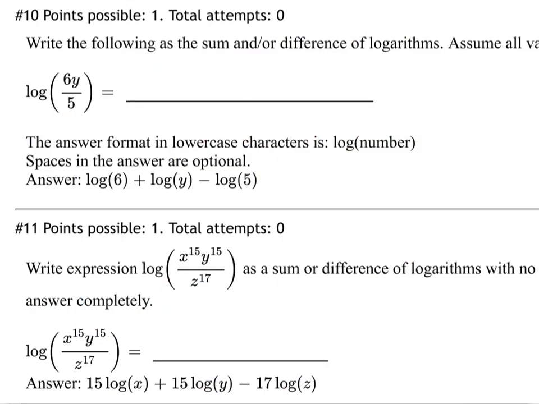Number 10, 1 log. They want sum or difference of several logs. So 1 log, make it several logs. Okay, we can do that. So this is dividing. It's harder. Multiplying and dividing are the harder operations, harder for 1 log. So I'm going to make it an easier operation.